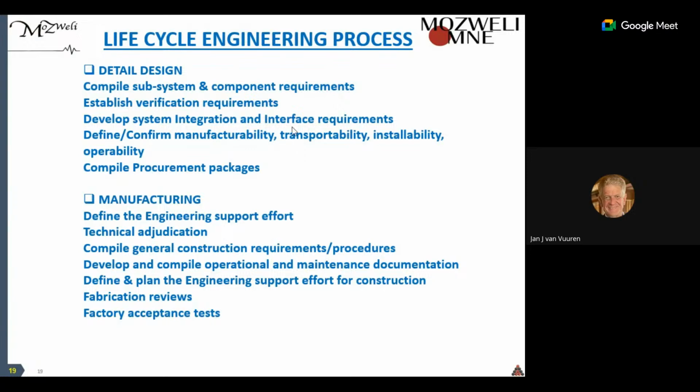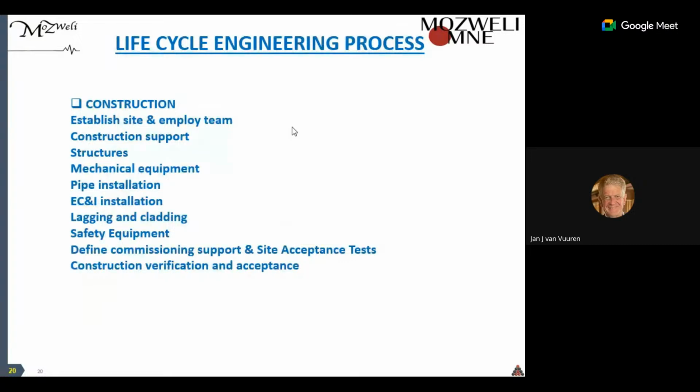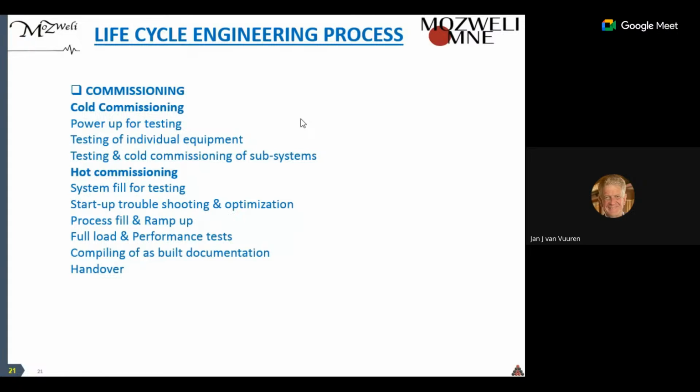During manufacturing, we have various aspects that we have to look at. During construction, we establish the site and employ the team. We build all the structures. We look at the sequences, etc. During commissioning, we have cold commissioning, hot commissioning, and we also have the interaction during all these phases with licensing.